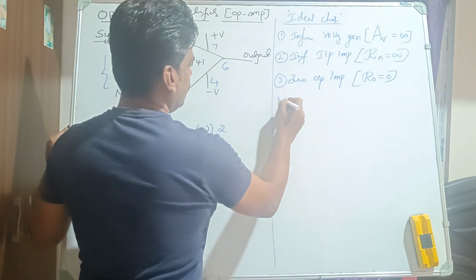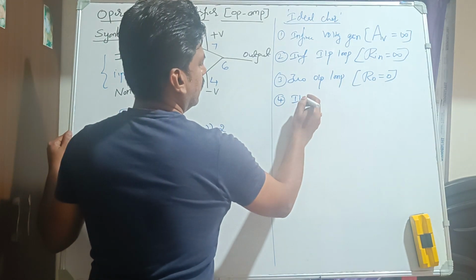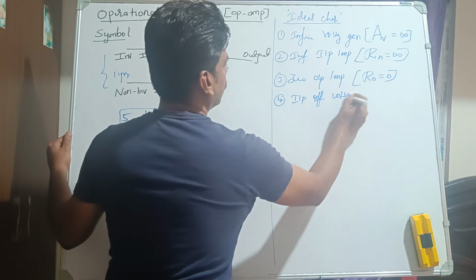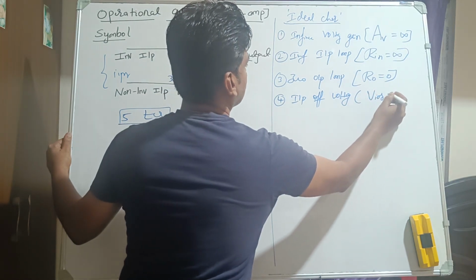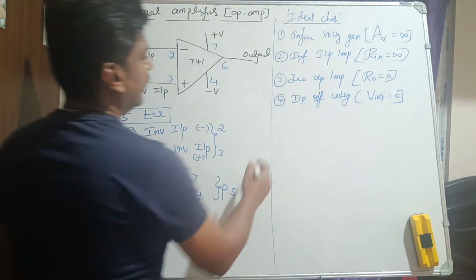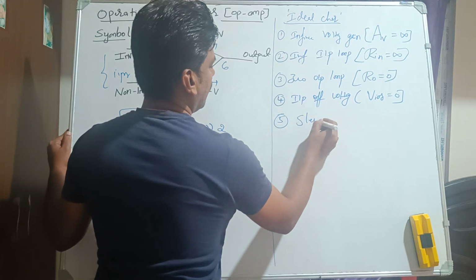Next we can write about offset voltage. Input offset voltage is 0. Similarly, the next one is slew rate, which is infinite.